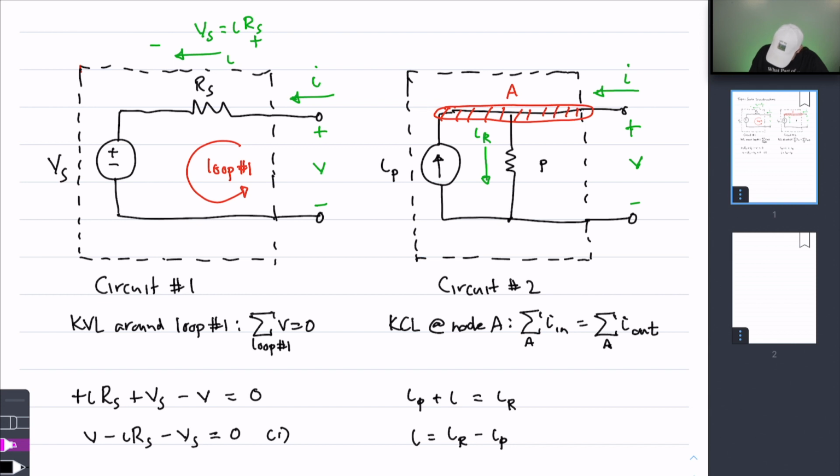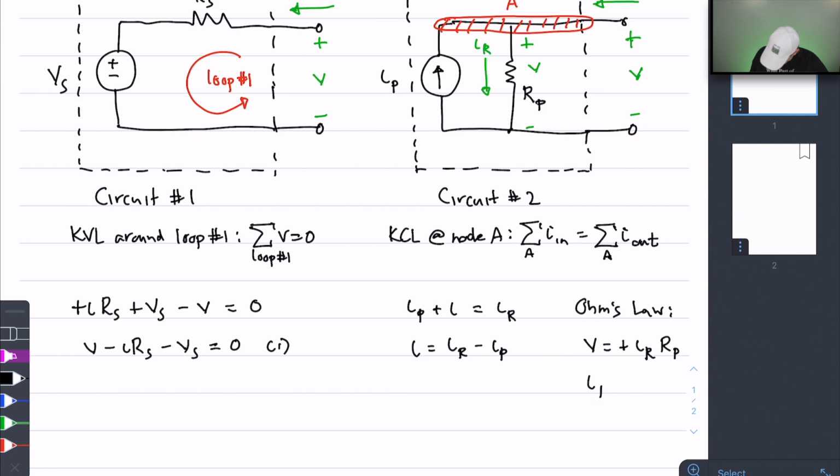So one of the things that I can do immediately is say that this voltage is the same as that external voltage, and Ohm's law tells me that for that resistor, V is equal to plus I sub R times R sub P, or solving for I sub R, I get that this is V over R sub P. Now, this equation I can substitute into there like this, in which case I get that I is equal to V over R sub P minus I sub P.